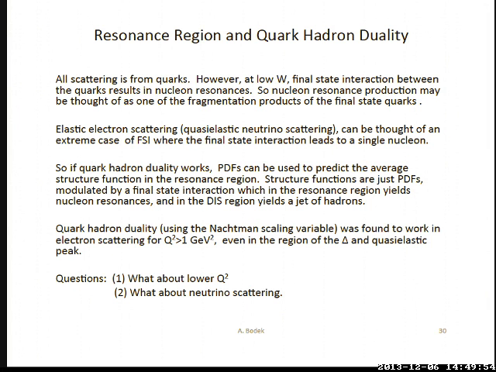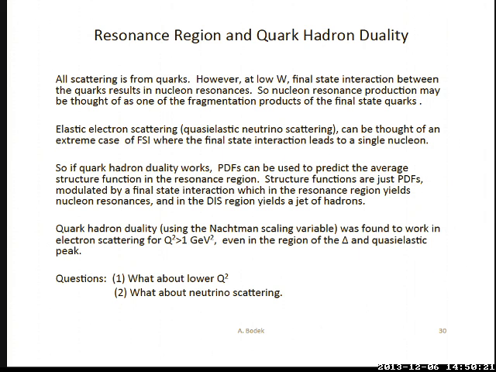If you're really more extreme, and some people at Jefferson Lab are very extreme, you're going to say elastic scattering can be considered as an inelastic scattering where the quarks fragment and coalesce into one single nucleon. This is what people call Jefferson Lab local quark hadron duality. Not only is it on average for the resonances, it's on average for each resonance and the elastic peak separately.